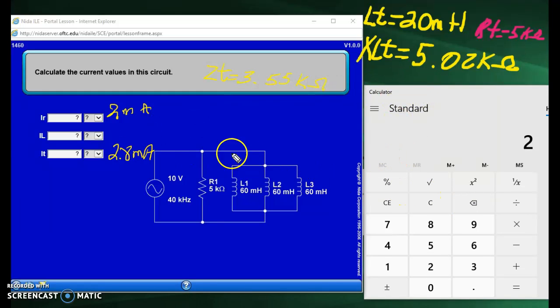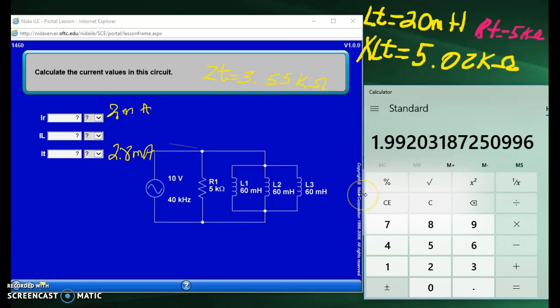It's going to be darn close, I can tell you, because there's not a lot of difference between 5K and 5.02. Let's clear it. 10 divided by 5.02 gives us 1.99. That's easily roundable to 2 milliamps. So let's write that, 2 milliamps.